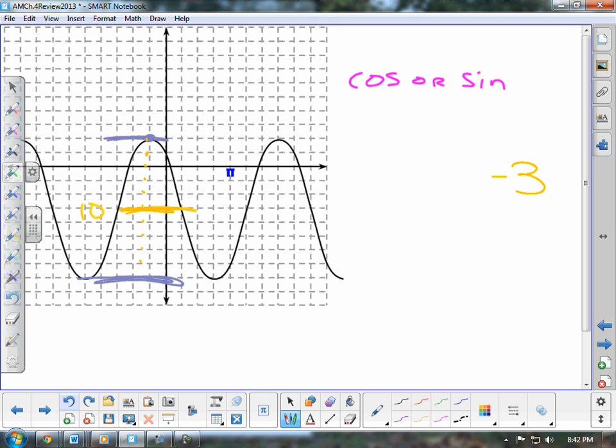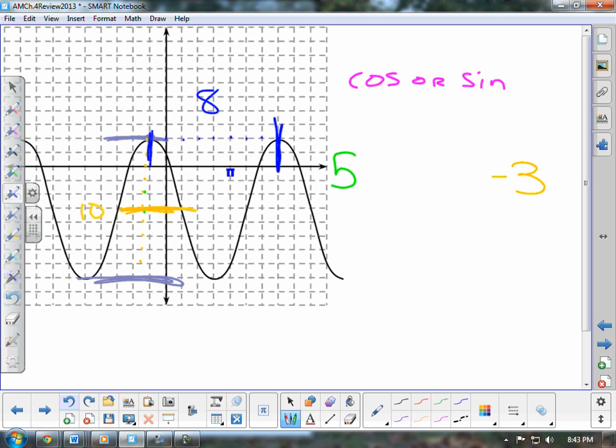Now, because it is 5 up and 5 down, that puts our amplitude at 5. It could be positive, could be negative, depending on which you use and how you use it. For now, we'll just leave a 5 there. Then we should figure out the period, which is from here to there. Counting, it's 1, 2, 3, 4, 5, 6, 7, 8.